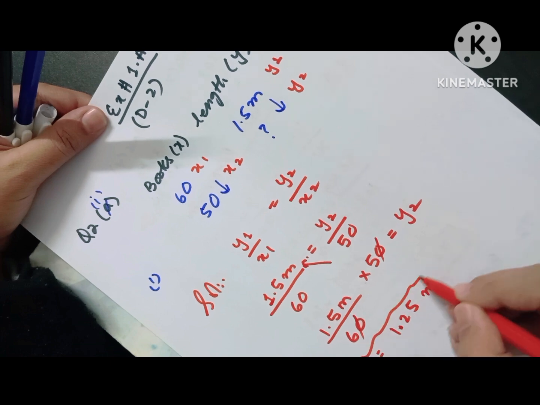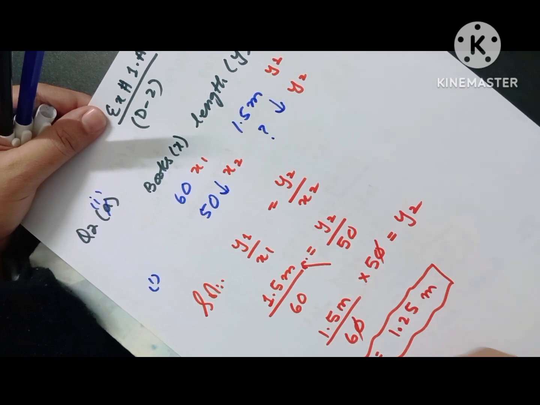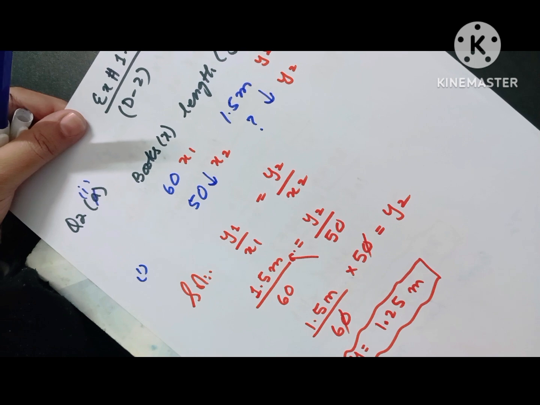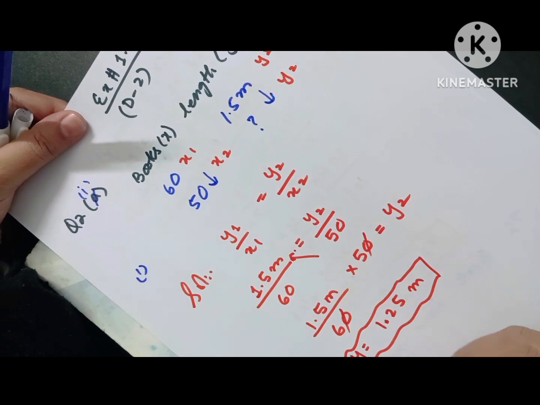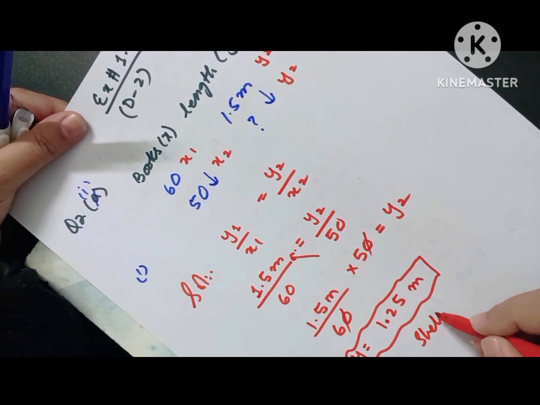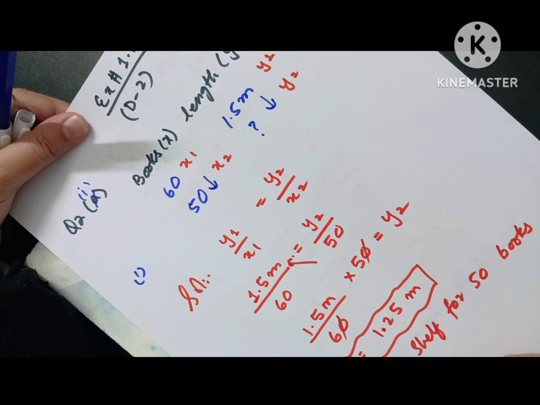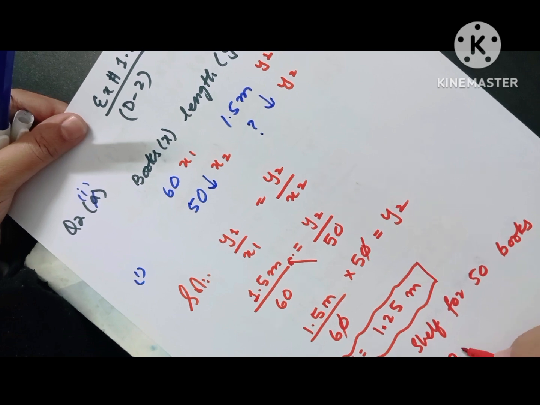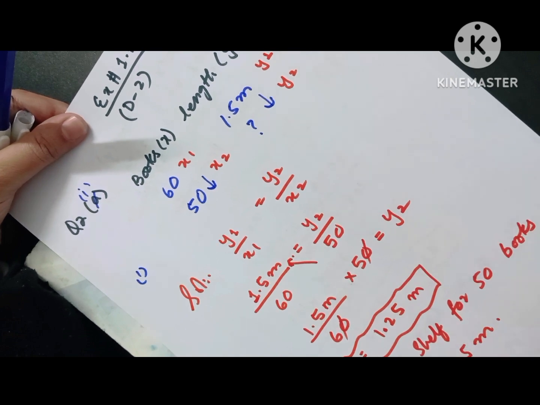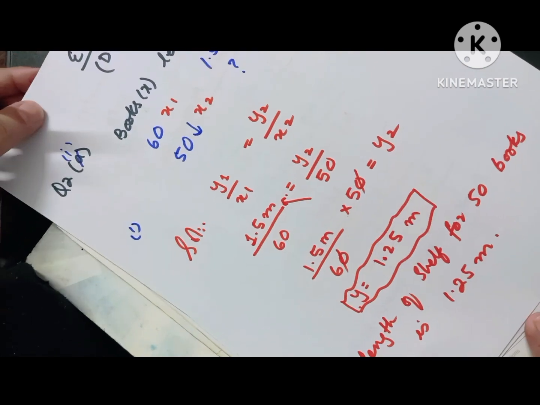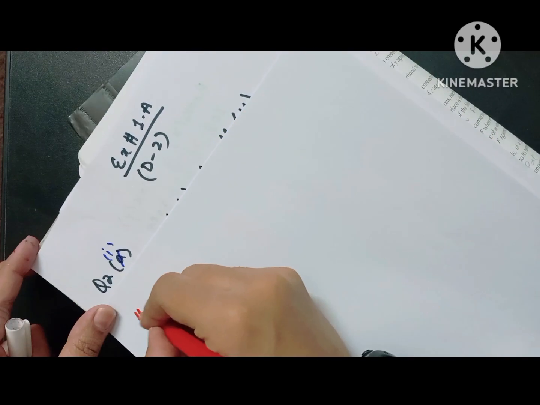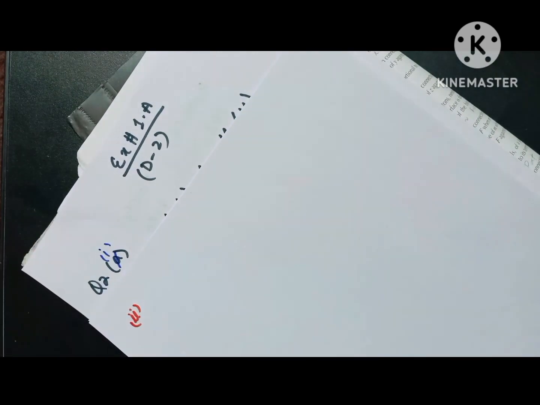The length of the shelf for 50 books is 1.25 meter. That is the first part, and then we are doing the second part.